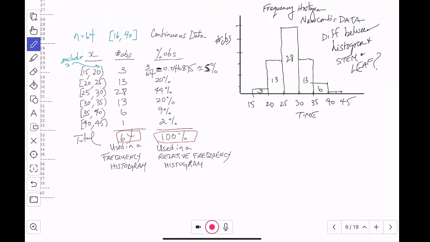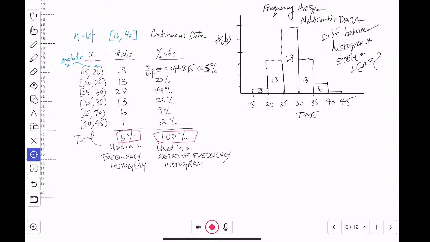Right. You do not see the observed data in the histogram. And that's unfortunate because you don't know if in this interval here, all the values are 25. You kind of assume they're somewhere on average in between, but they could be all 25s. They could be all 29s. We don't get to see that. We just treat them all about like they're the same thing. So that can have advantages and disadvantages.